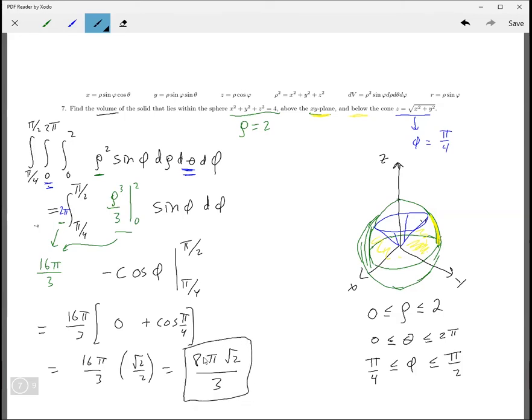Okay, so 8 pi root 2 over 3. I'll give you guys a chance to put that in if you're on your computer. Any questions about that?